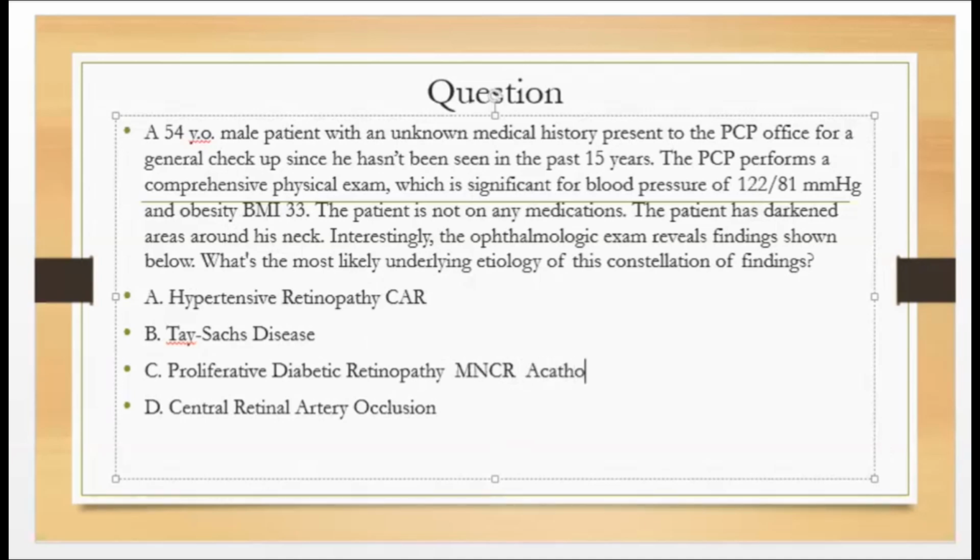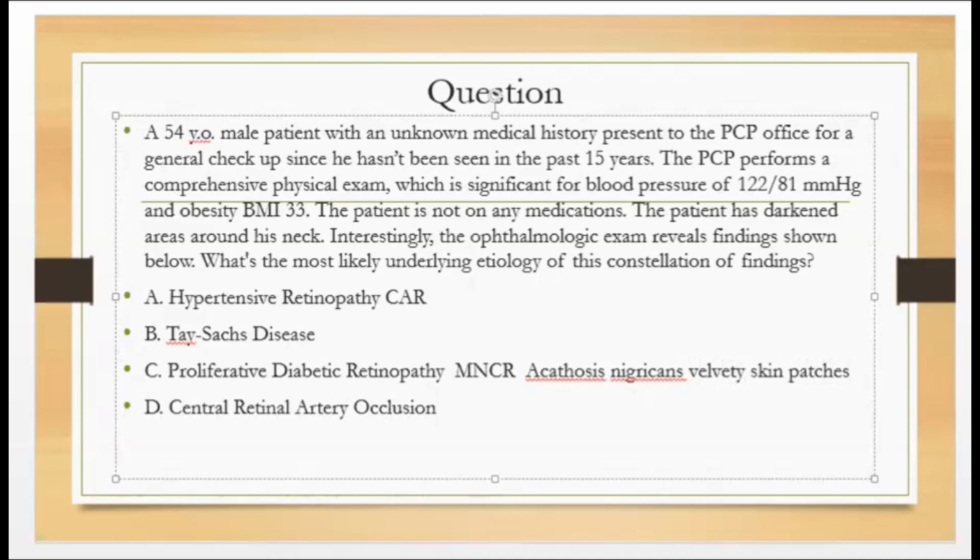So that darkened area around the neck is what we call acanthosis. All this is in the videos, okay? Acanthosis nigricans. That is what we call it. Another way we can describe it is velvety thickening, or velvet-like skin patches, whatever you want to call it. But that is just that.